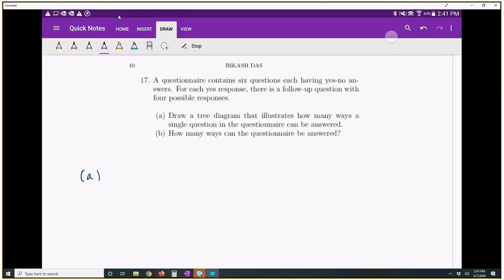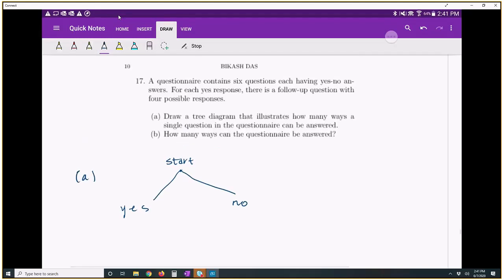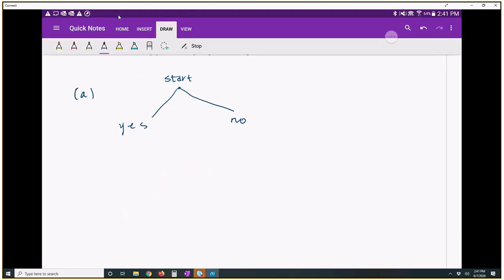We know that it's a yes or no question, so I would probably say this is the start, and I either answer yes or no. Then it says, for each yes response, there's a follow-up question with 4 possible responses.